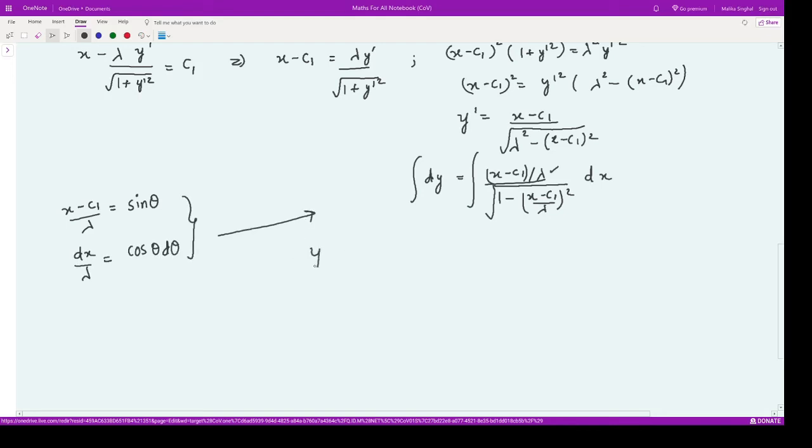We have y is equivalent to integration of sine of theta divided by square root of 1 minus sine square theta, and in place of dx we can write it as lambda into cos theta d theta. So solve it a little, let's see what appears.